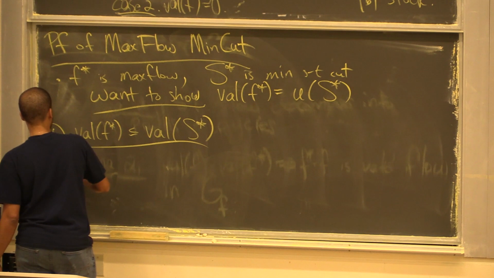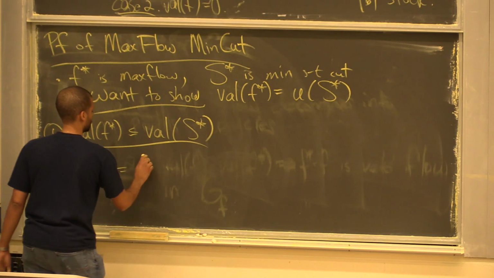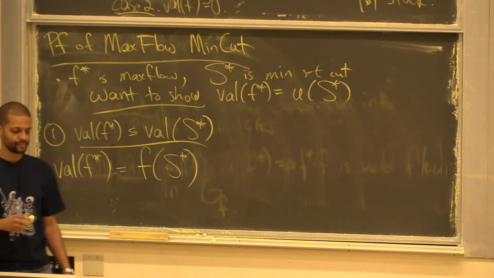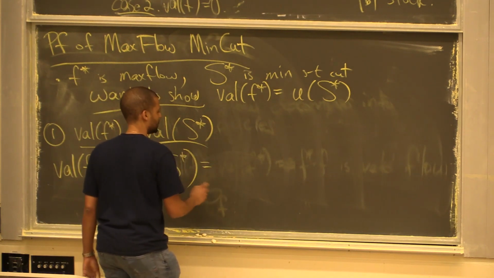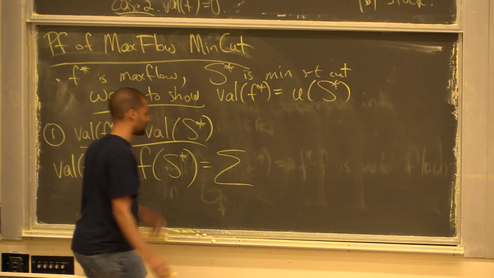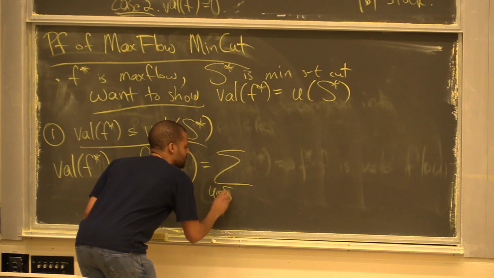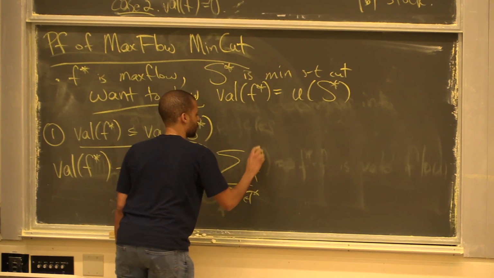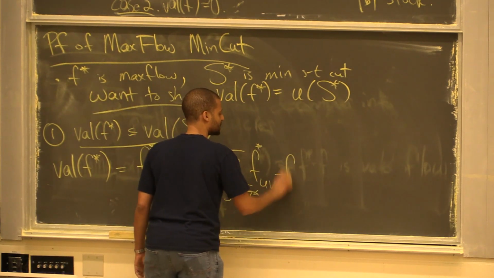The value of F star is equal to the net flow across the cut S star. That's the lemma that we just proved. Which is equal to the sum of, let's say, U in S star and V in T star of F star UV minus F star VU.